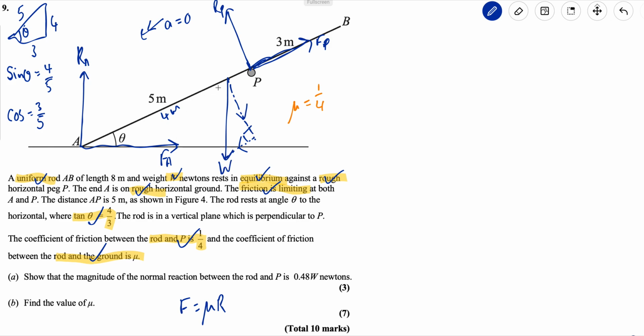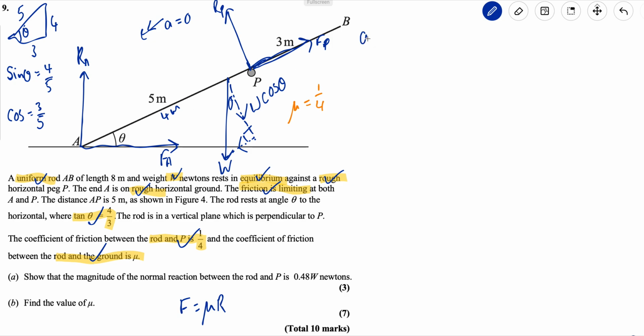This angle is theta, so this angle here will also be theta, and so this component here is W cos theta.